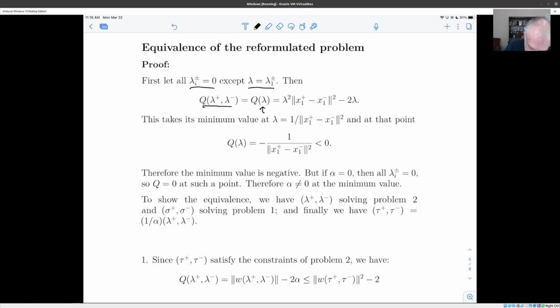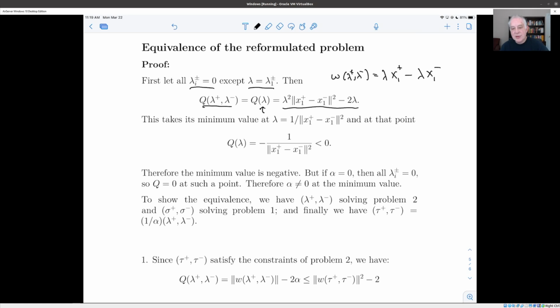And in that variable, if you work this out, you get that it's lambda squared times the distance squared between x1 plus and x1 minus, minus 2 lambda, because W of lambda plus, lambda minus in this situation is just lambda times x1 plus minus x1 minus.